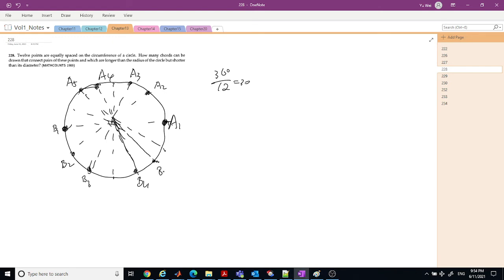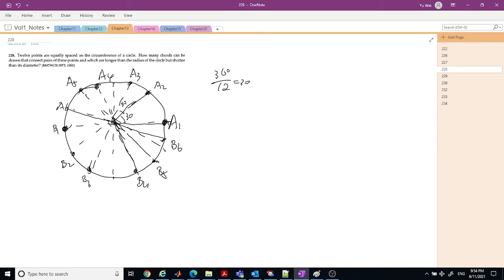This is the B5. This is the A6. This is the B6.